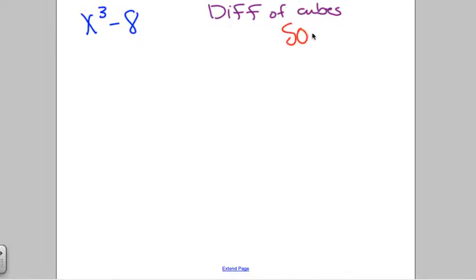Okay? I also have problems where I could have something like this, x cubed minus 8. This is a difference of cubes. So what we use is called SOPUS. Now, first I have to get the binomial here.